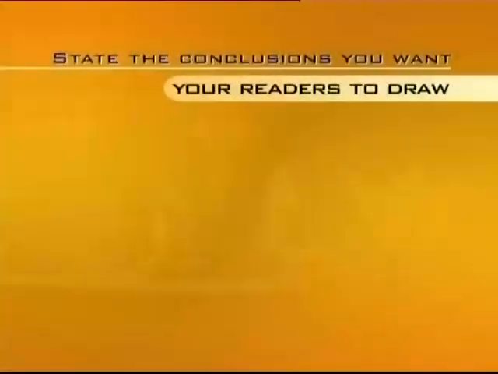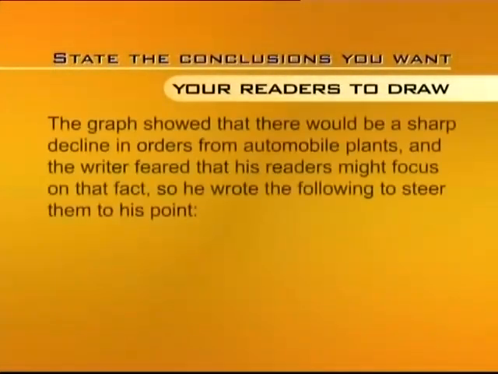Consider, for example, the way a writer discussed a graph that showed how many orders he thought his company would receive for its rubber hoses over the next 6 months. The graph that he used showed that there would be a sharp decline in orders from automobile plants, and the writer feared that his readers might focus on that fact.